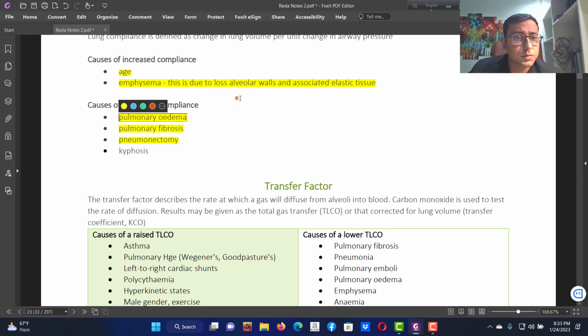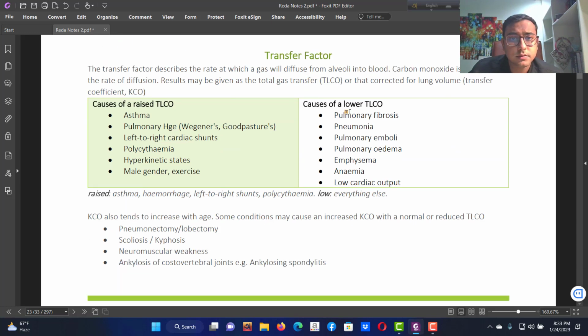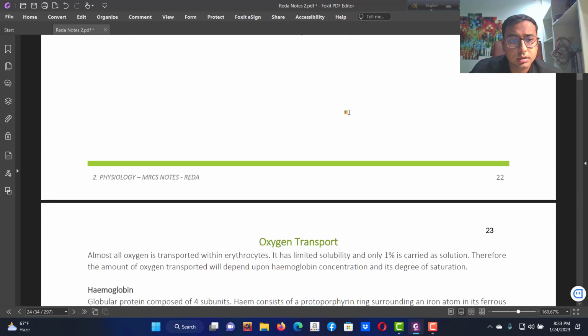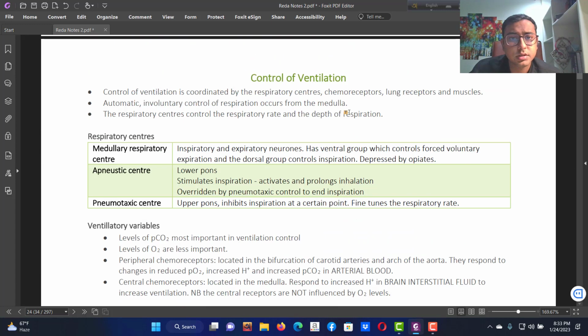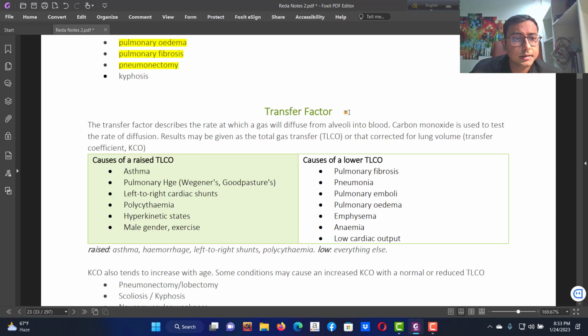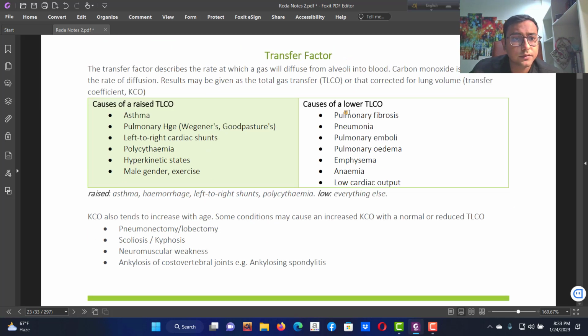Now the transfer factors and the control of ventilation. Now the respiratory system, we already entered the respiratory system. Now the transfer factors. The transfer factor describes the rate at which gas will diffuse from alveoli to the blood, and carbon monoxide is used to test the diffusion.